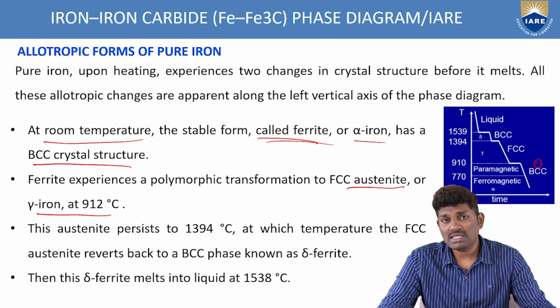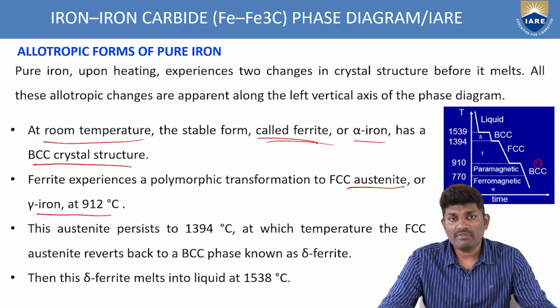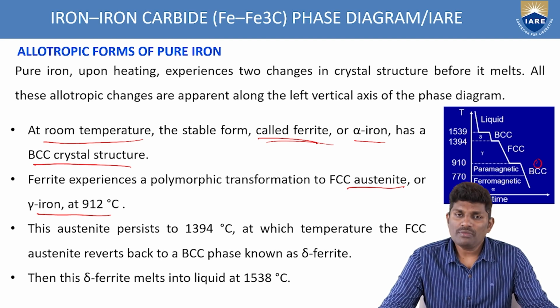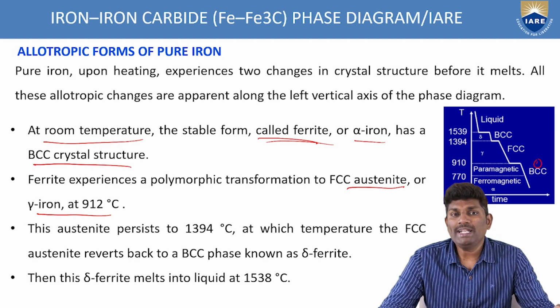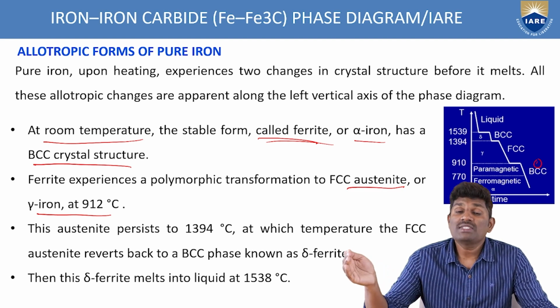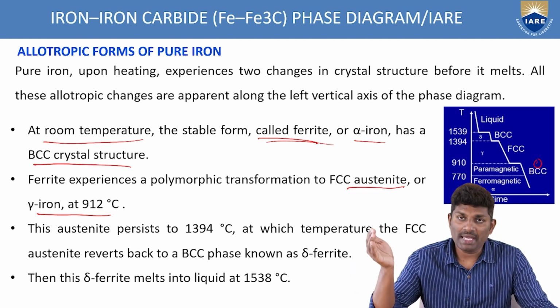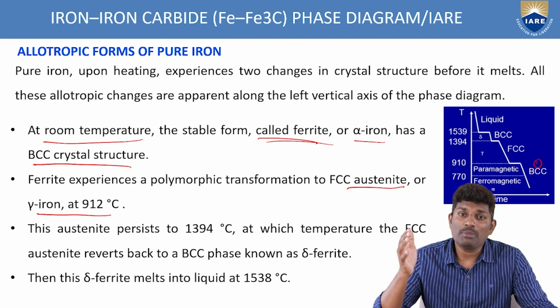Initially it was ferrite, which has a BCC type of crystal structure at room temperature. Now, when we increase the temperature to 912 degrees centigrade, this ferrite slowly transforms to austenite, which has the FCC type of crystal structure.